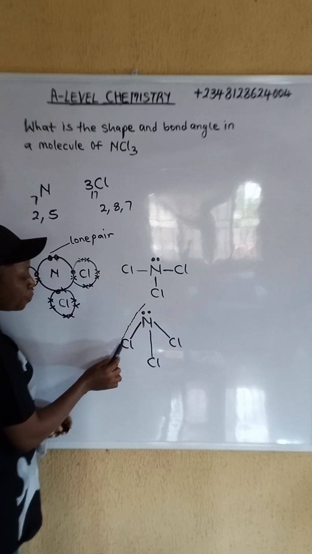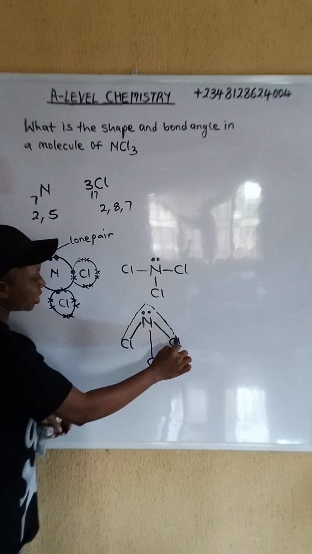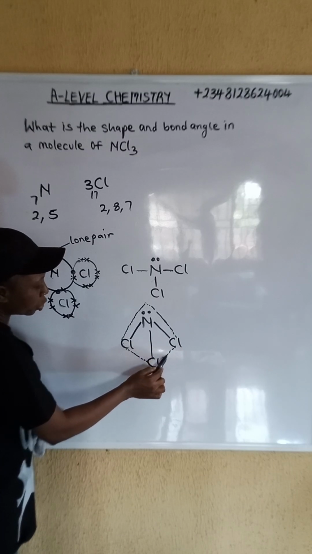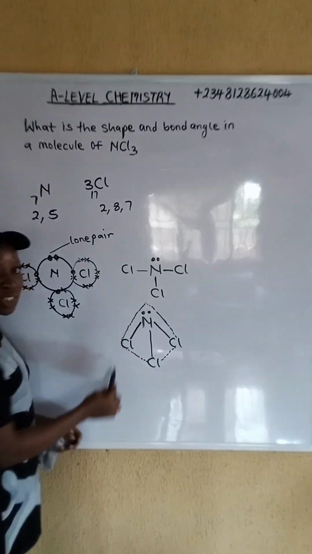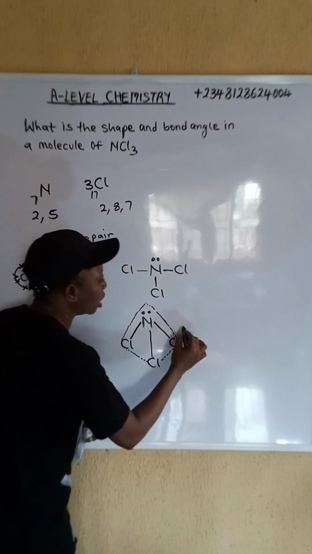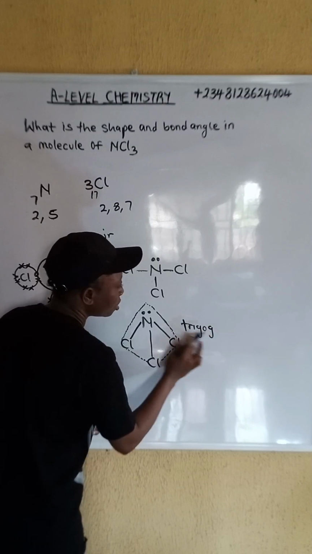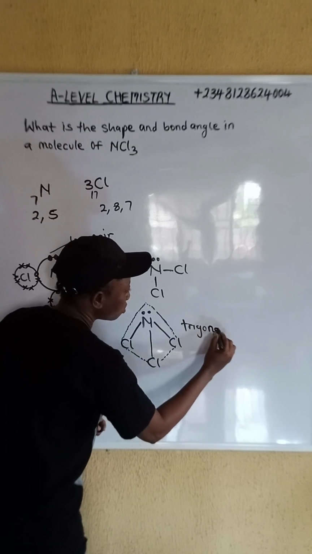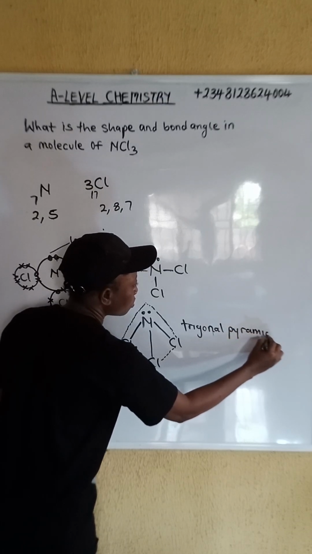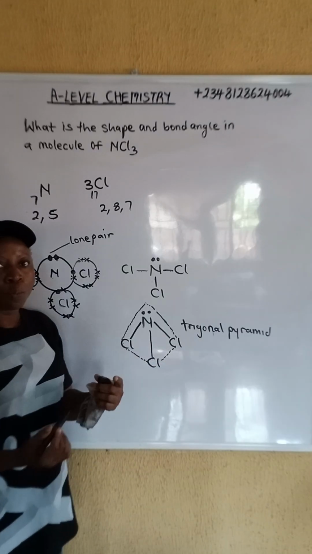Join your lone pair with chlorine, and join these chlorine atoms together. So this is a pyramid. We call this a trigonal pyramid. So the name of the shape is trigonal pyramid.